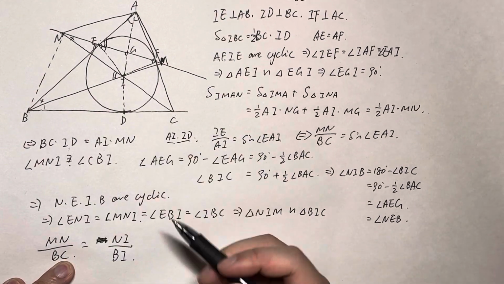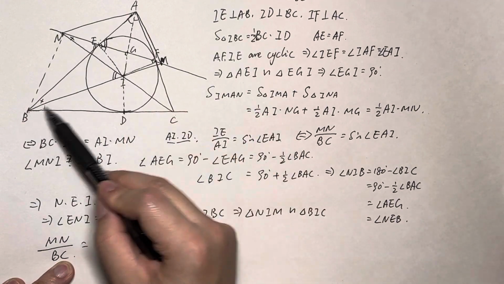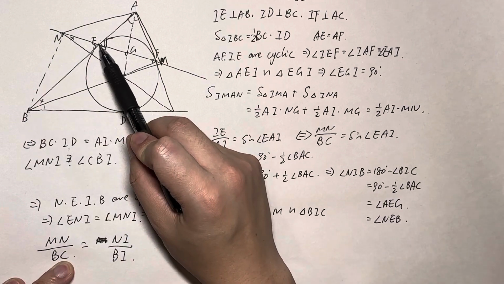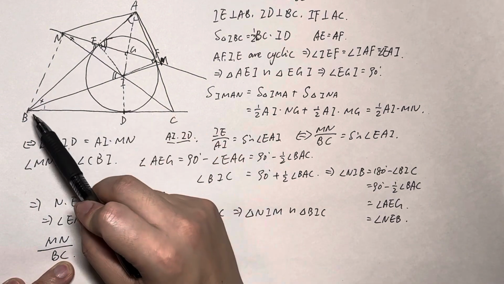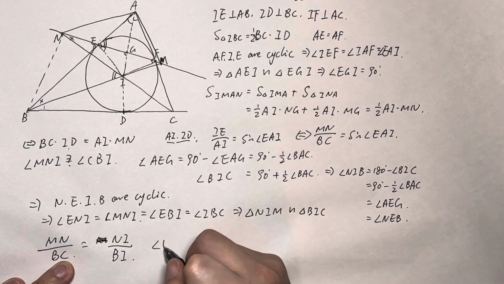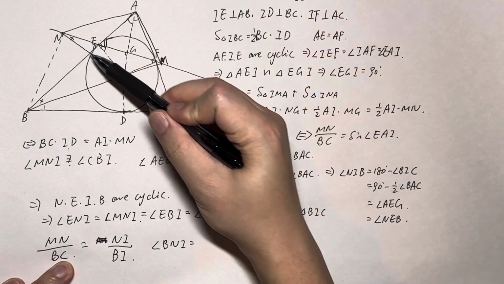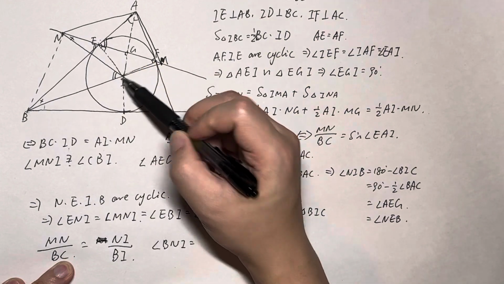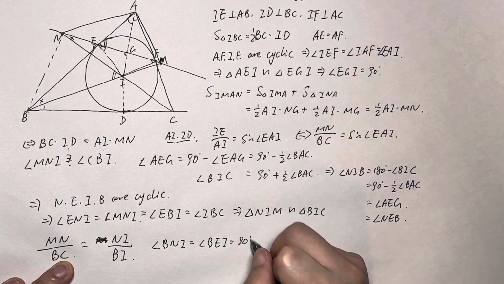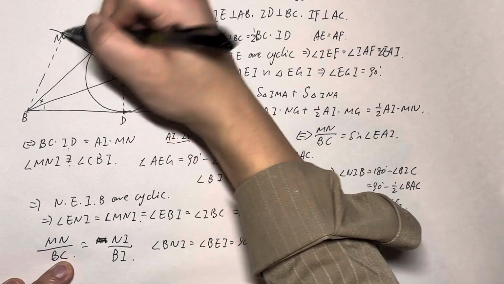So MN to BC equals NI to BI. And we know that N, B, I, E are cyclic, which means angle BNI equals angle BEI, which equals 90 degrees. Right? So this is 90 degrees.